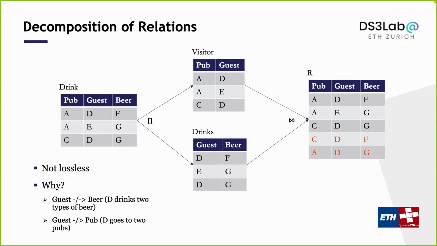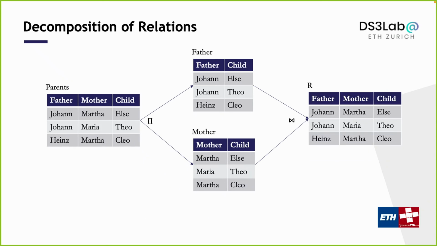Okay? So now we can look at another decomposition. So we have father, mother, and child. You can decompose this parents relation into two smaller ones. Father contains father and child, mother contains mother and child. In this case, if you join back, you'll see it's actually lossless.